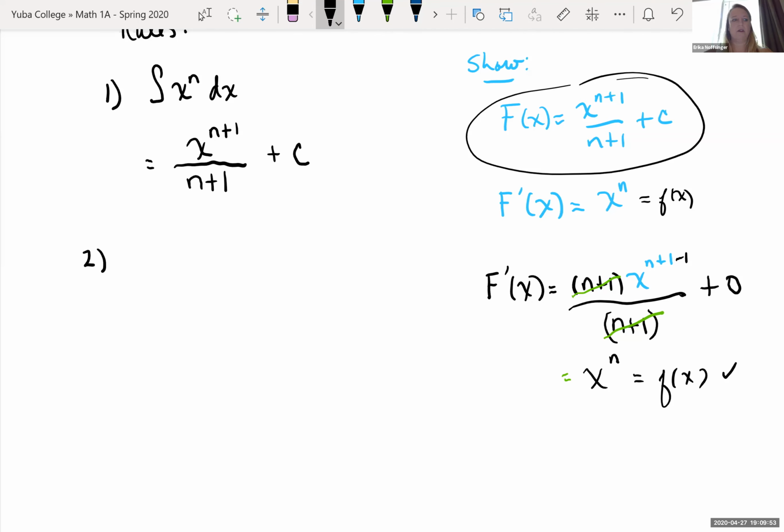Okay, so that was one of our rules, and that's what we were looking at before. Some of you might not have seen the lecture, so let's actually look at a couple examples.